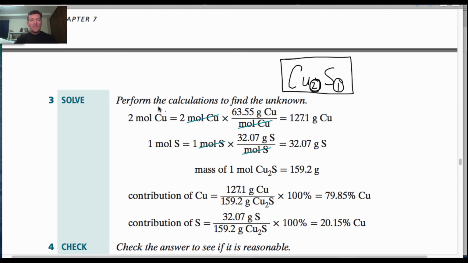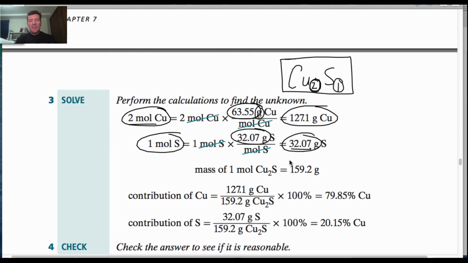If you look on the periodic table, the molar mass for copper is 63.55 grams. So if you have 2 of them, that's 127.1, just double it. 1 mole of sulfur, the molar mass of sulfur is 32.07 grams. So we get 1 of those, 32.07. You add those together, and this is the total molar mass for this copper 1 sulfide.